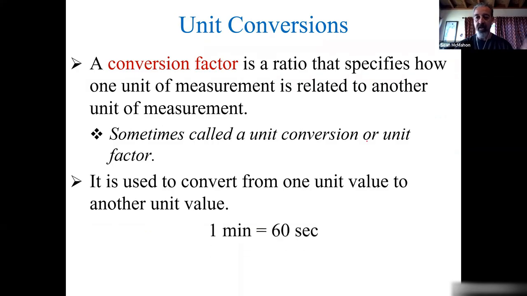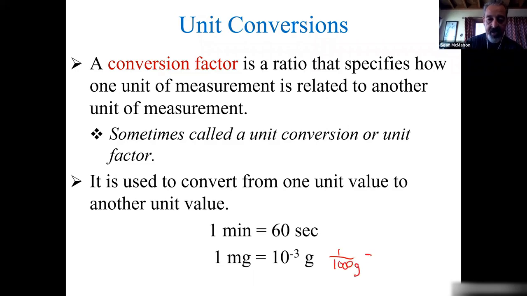So an example, I said minutes to seconds. Most students are really comfortable with this, right? 1 minute is 60 seconds. Well, 1 milligram is 10 to the negative 3 grams. Why is that? It's 1,000th of a gram, which again is 1 over 10 to the third of a gram. But if I want to bring this exponent to the top, it becomes negative. It's smaller than a gram.